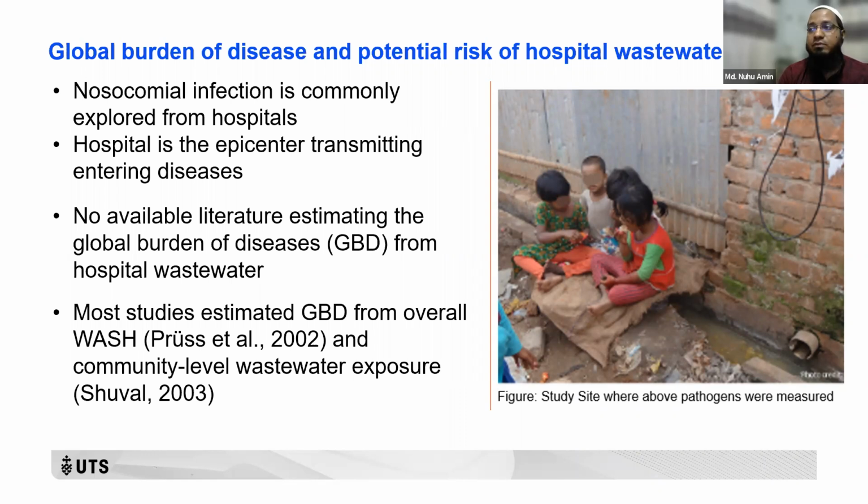On the right side of the picture, you can see children eating in front of the drain, and feces is visible there. This is a very common scenario in Dhaka, and there are very large hospitals beside this community where we started working in the Mirpur areas.